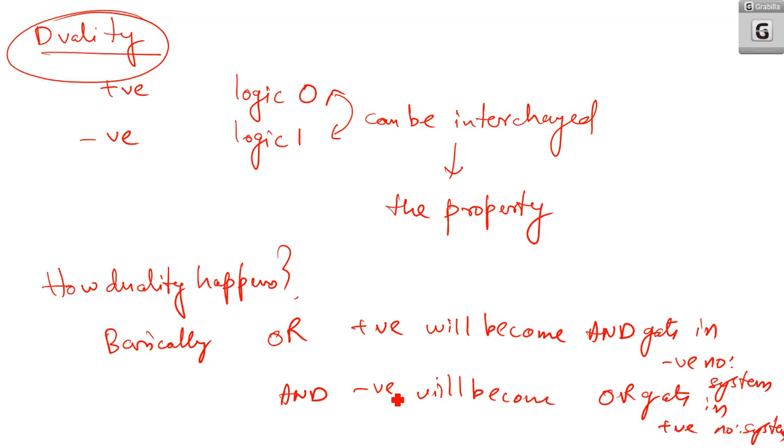So this is the method by which duality happens.